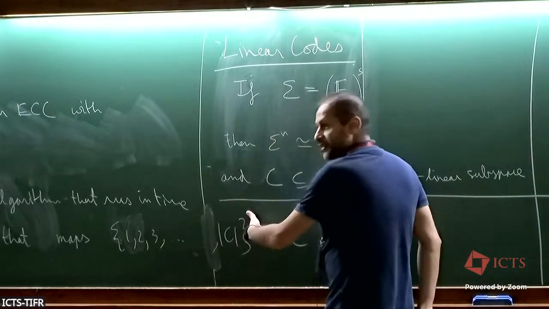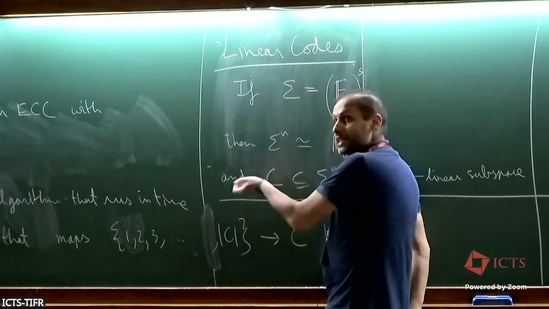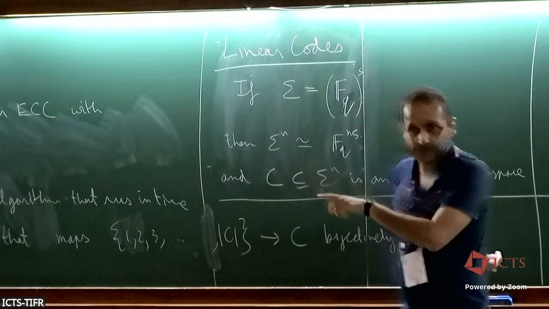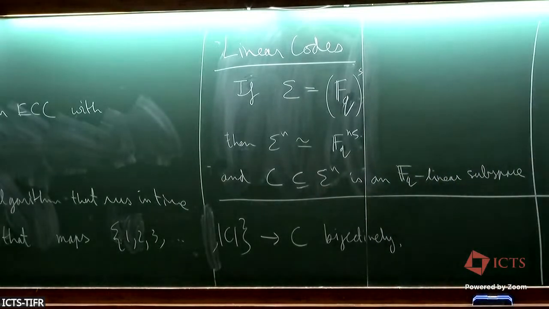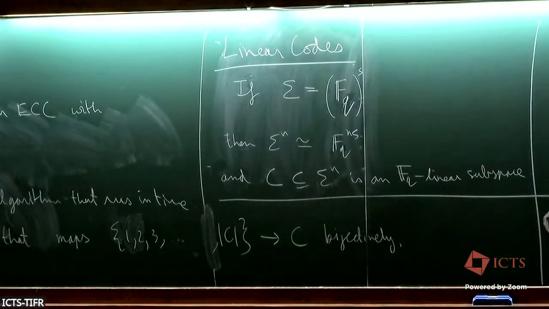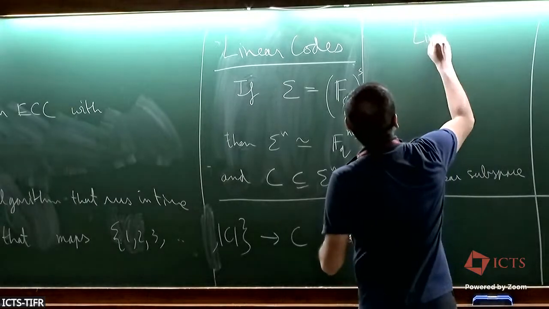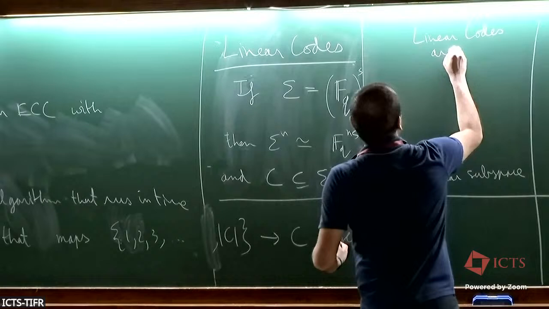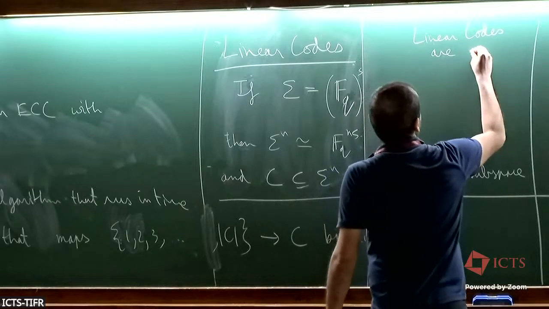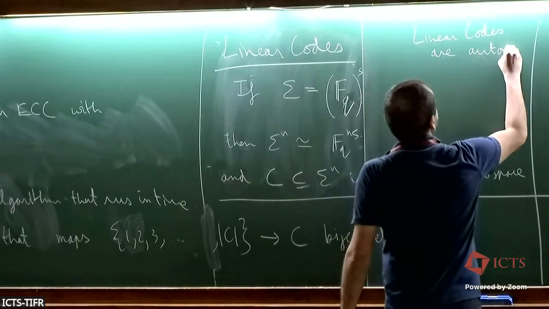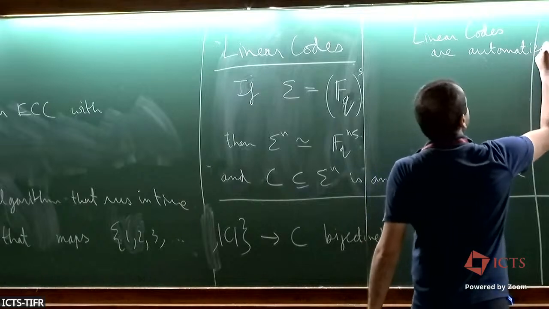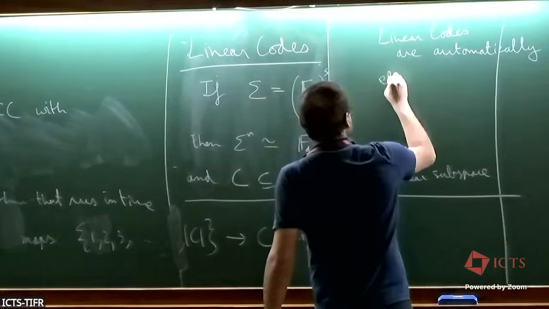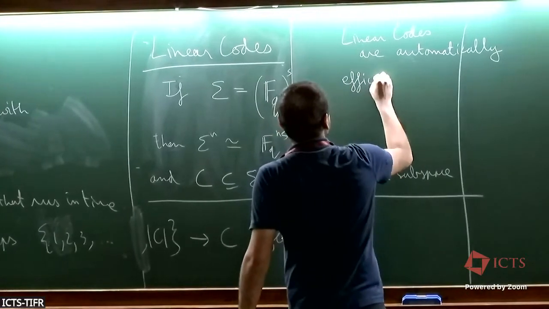You can index all the elements of your code by specifying which coefficients you give to the basis elements. So linear codes are automatically efficiently encodable once you know the code.